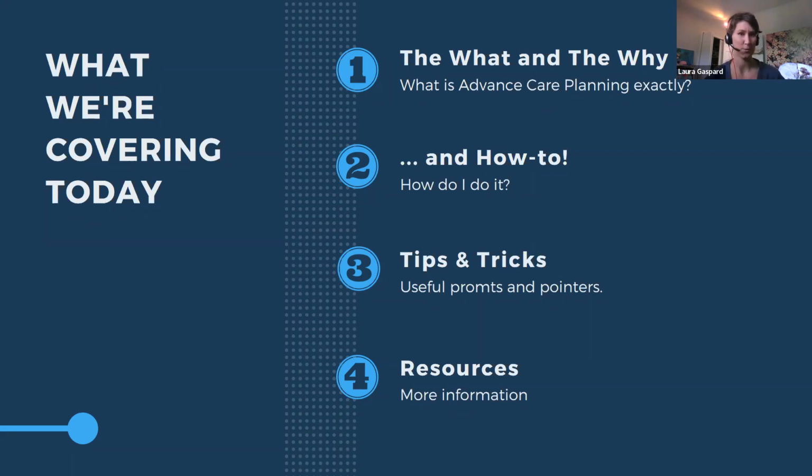We'll go through the how-to, and within that, we'll give you some tips and tricks, especially when we're trying to have conversations with people. And then a little bit about the resources that we have available to help you make some tangible directions for yourself, not just listening to us talk at your faces and then walk away and not know what to do next.